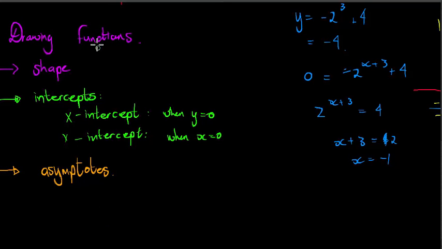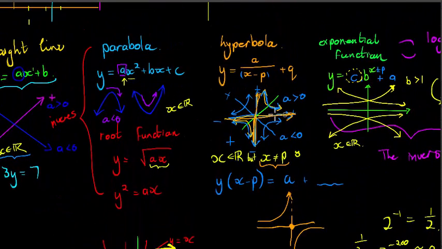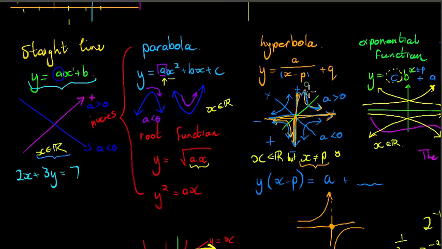So there's the hyperbola. The hyperbola has a vertical asymptote x is equal to p. So this p value represents the vertical asymptote.